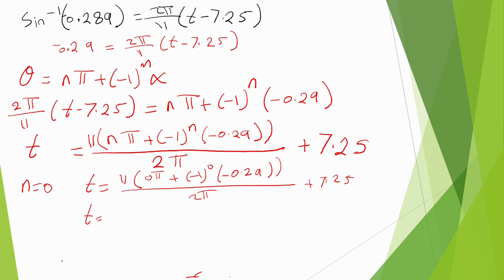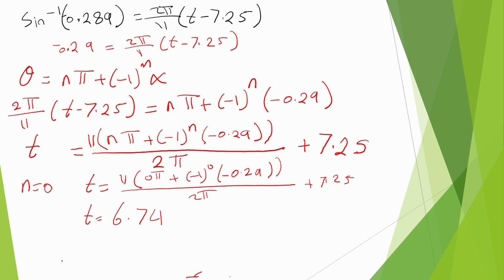So 0 times pi is 0, plus anything to the power of 0 is just 1, so therefore it's negative 0.29 times 11, and then divide by 2 pi, get the answer, and then add 7.25, and you get the answer 6.74.